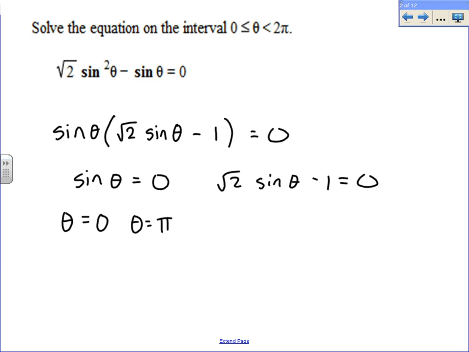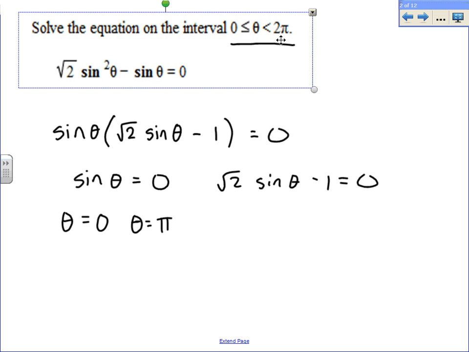I actually just remembered those. So I have 0 and pi. Now, you wouldn't want to say 2 pi there, even though the sine of 2 pi is 0. Notice that they want you to solve the equation for this interval, and they don't include 2 pi. I can go up to 2 pi, but not include 2 pi.